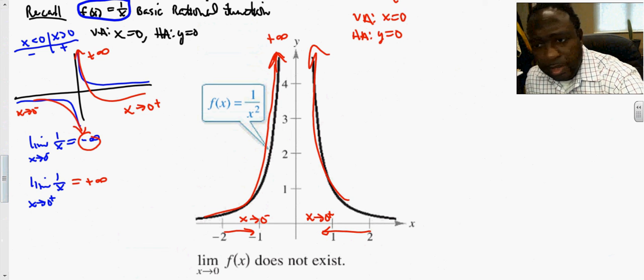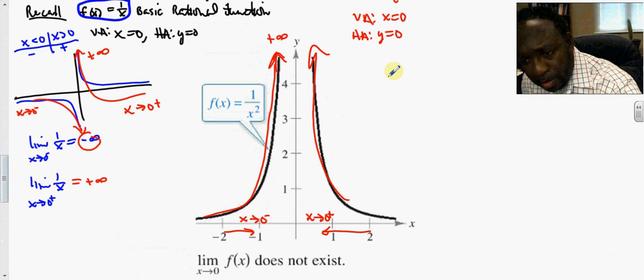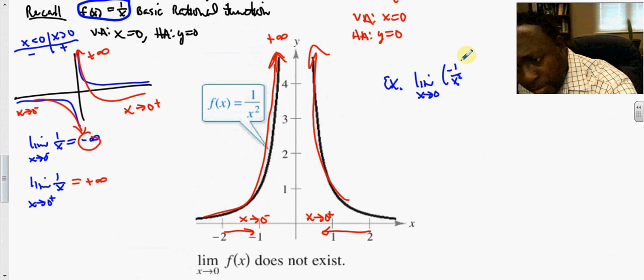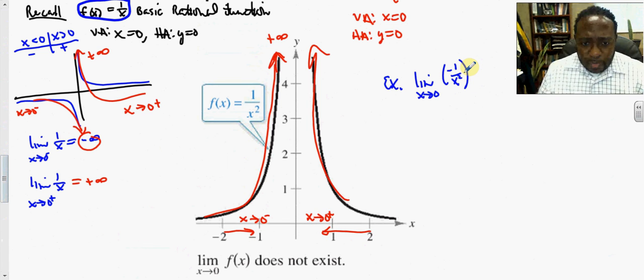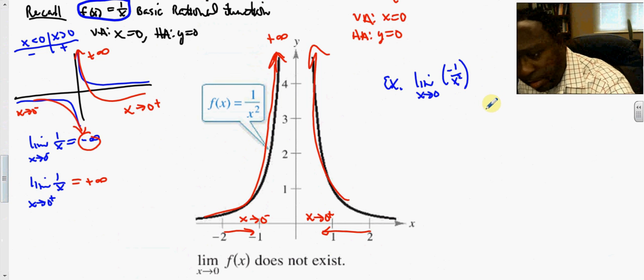Now we can take that same problem and apply another example. The limit as x approaches 0 of negative 1 over x squared just flips this graph. Instead of going upstairs, it goes downstairs to Hades.